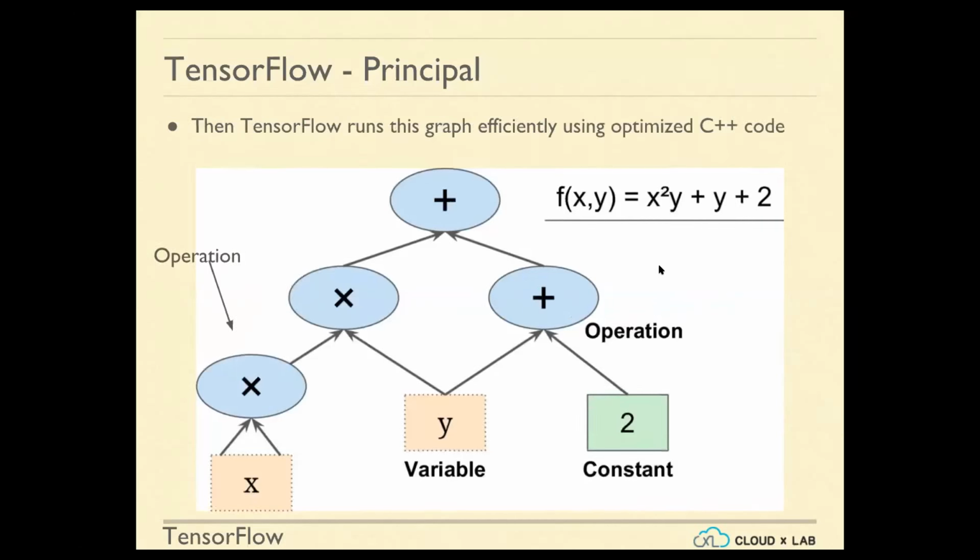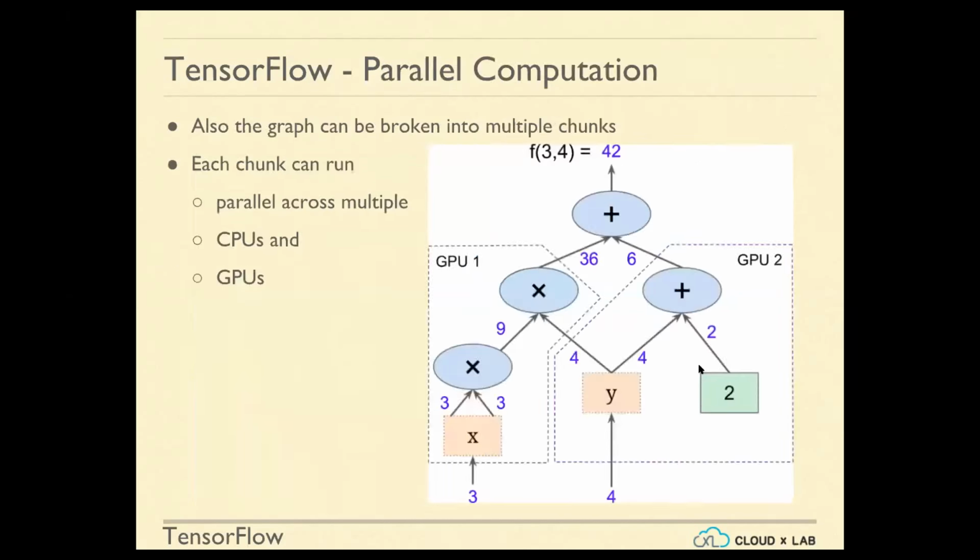All right. So TensorFlow runs this graph efficiently using optimized C++ code. Internally, the graph could be broken into multiple chunks and can be executed in parallel using multiple GPUs.